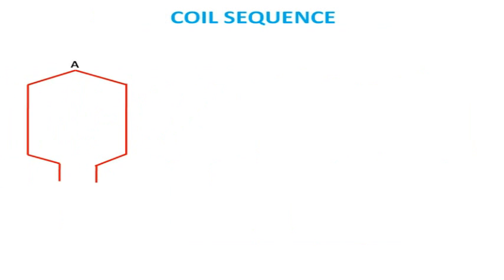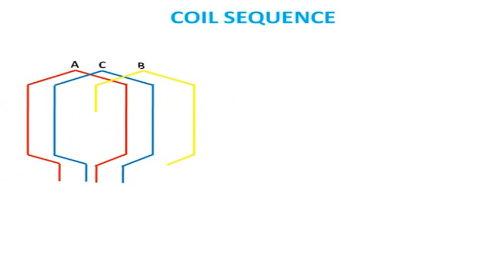While placing the coils, we can observe that a particular sequence is maintained. That is, first coil A is positioned, then coil C, then coil B. This is done to get a 120 degree phase sequence. After 120 degrees, coil B should come.